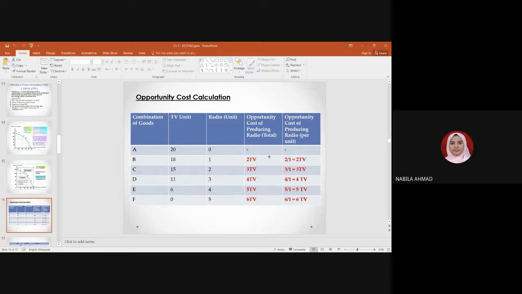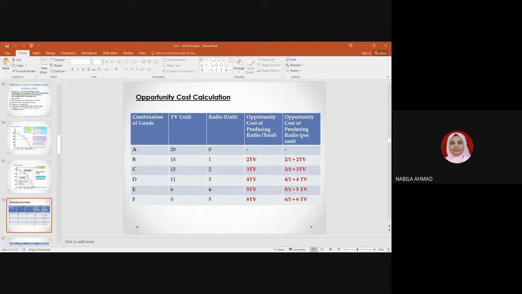Okay, simple saja. So ini adalah total. Kalau kita cari opportunity cost total, kita tolak je lah. Tapi kalau dia nak per unit, kita kena bahagi pula. So berapa yang kita lepaskan tadi tu, kita bahagi dengan berapa banyak kita increase. Yeah, so 2 divided by 1. 3 divided by berapa kita increase? 1. 4 divided by 1 and so on.